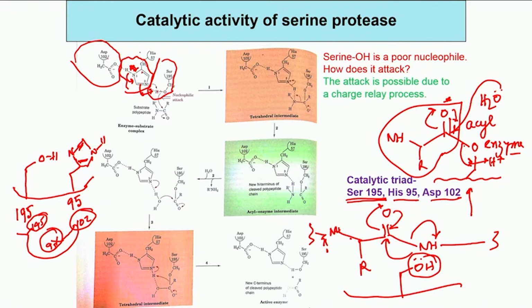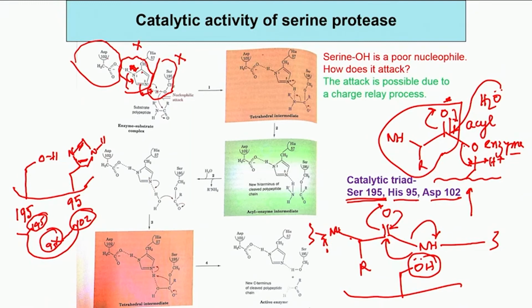So, suppose you remove the histidine by some engineering in chymotrypsin, then you will see that there is no catalysis, or even if there is catalysis, it will be very little. Almost the catalytic activity is gone. Catalytic activity will be gone 100% if you remove serine, because serine's presence is absolutely necessary.